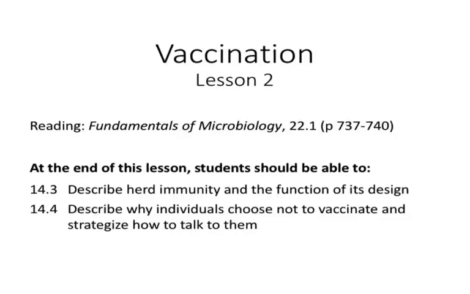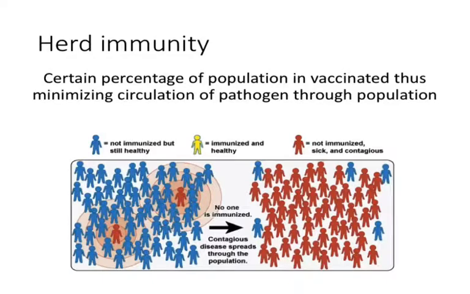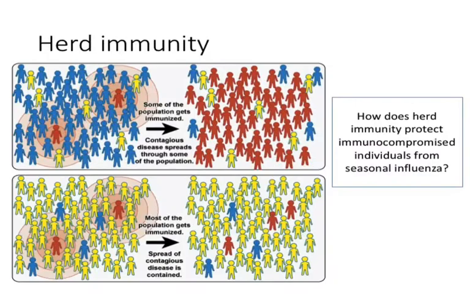Okay? So the idea of herd immunity, and all of those were great ways to describe it, is that at a certain level of individuals being vaccinated, each individual ends up serving as a kind of physical barrier to prevent the spread of the virus.